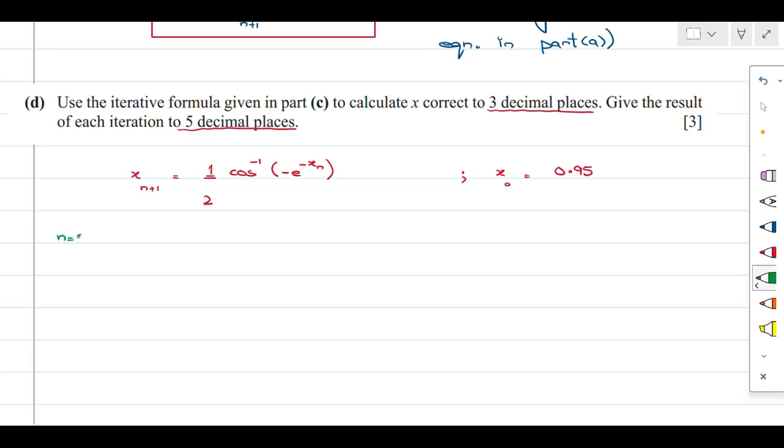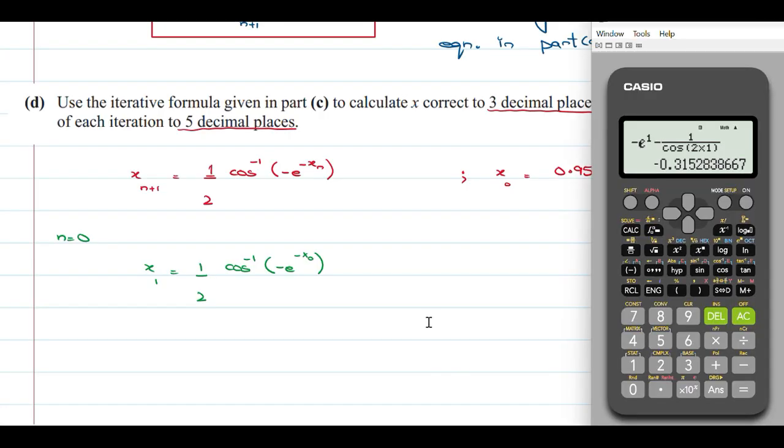So when n is equal to 0, we have x1, which is 1 by 2 cos inverse of negative e power minus x naught, up to 5 decimal places, right? 1 by 2 into cos inverse of negative e power minus 0.95.